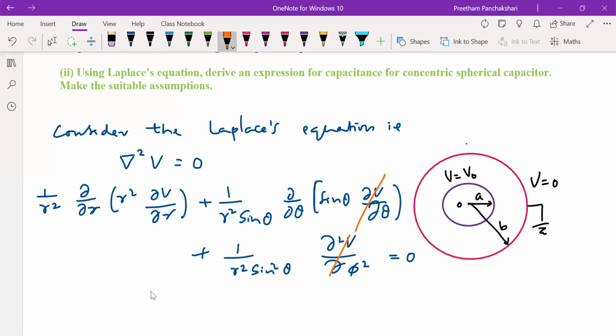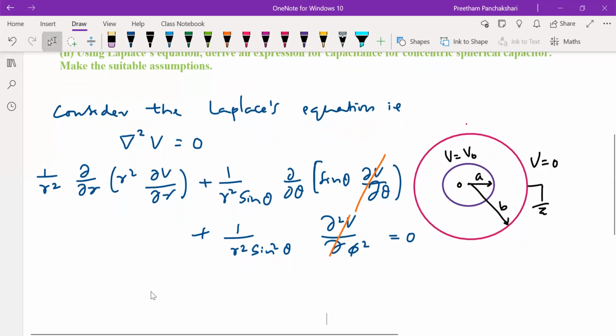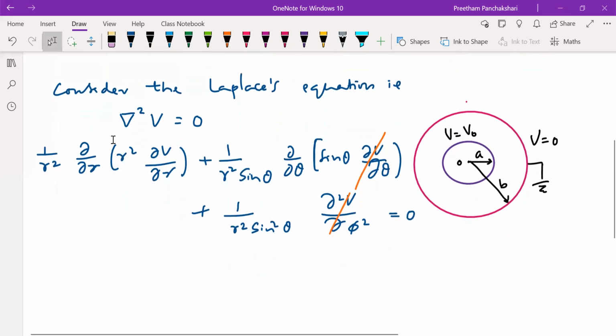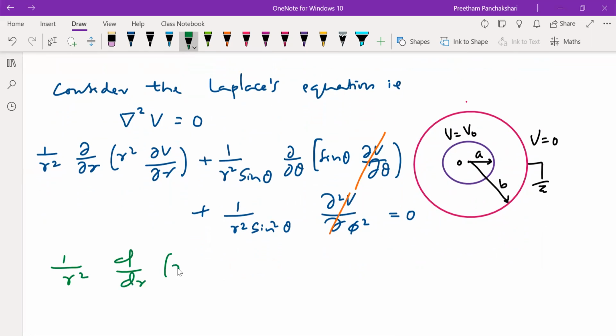So the last two terms do not exist. Therefore, we have the equation 1 by r square d by dr of r square into dV by dr is equal to 0. This equation is left now.